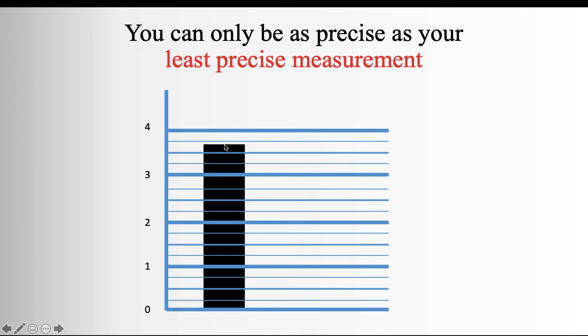But there's always going to be a little bit of uncertainty, and that is determined by the very last digit. That very last digit is going to be the one that you guess on, and that is going to be the least precise out of all of the other digits. So when I say that the height of this column is 3.7, I know that the 7 is my least precise digit.